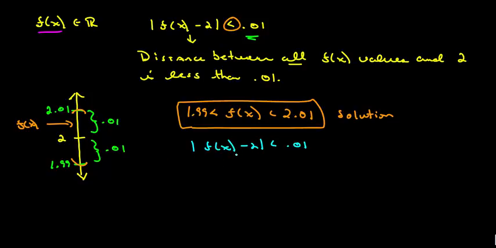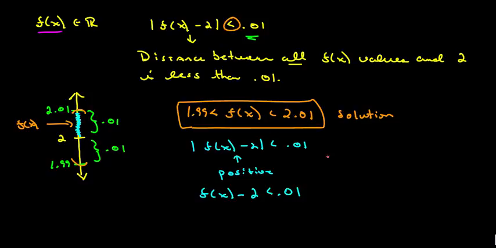So one of them says that if this guy is positive, now when would it be positive? Well, it would be positive when f of x is larger than 2, meaning this side right here. So if f of x, remember f of x can fall anywhere it wants in here, okay? If it fell on this side, then the absolute value of f of x minus 2 is just going to be equal to f of x minus 2 without the absolute values. So we want that to be less than 0.01.